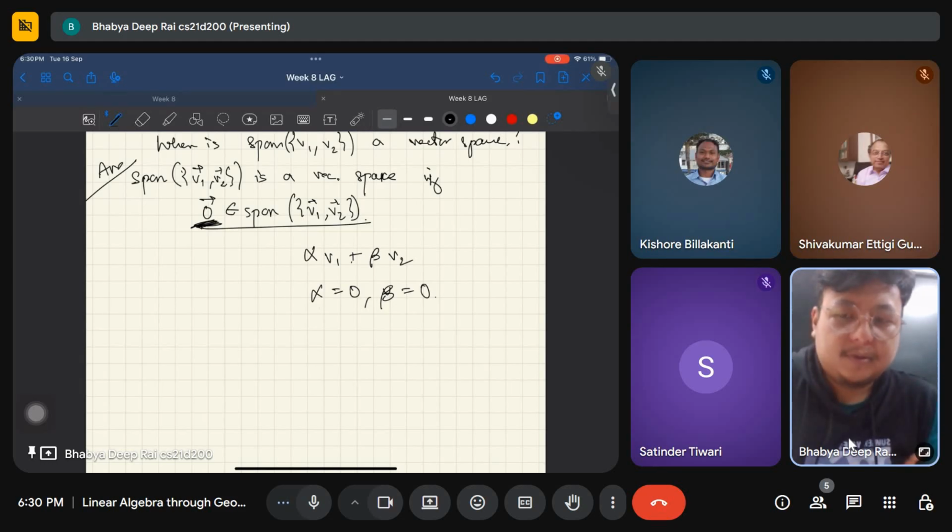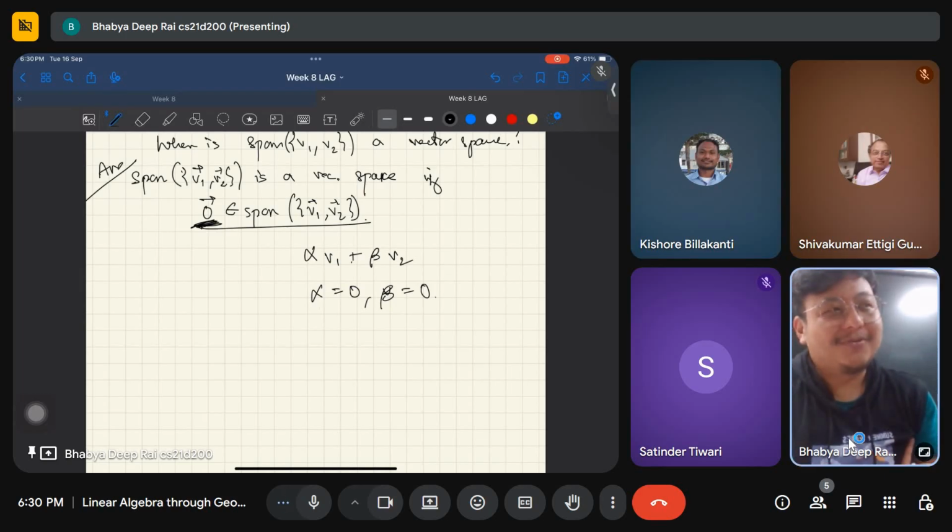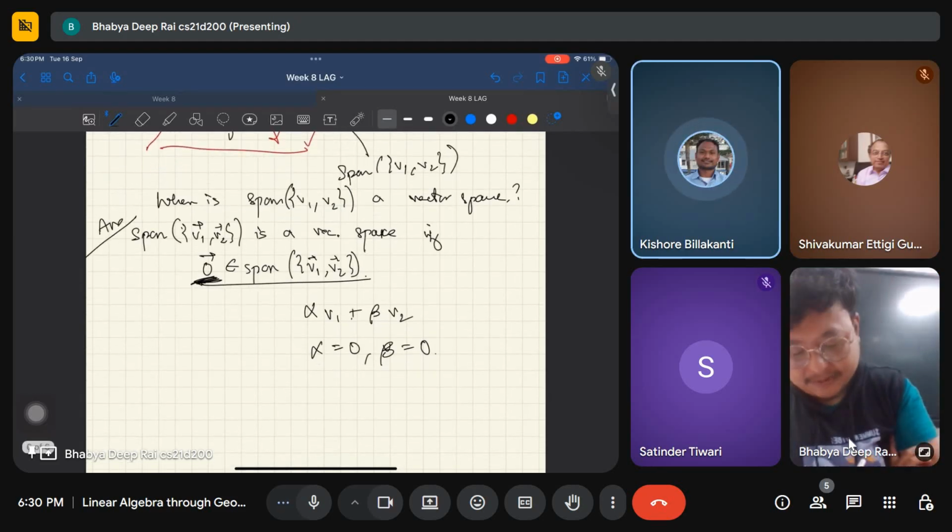So the span will always be one. Can we say the span is the tiny version of the vector space? No, you can't exactly say that. The span of a set of vectors forms a vector space. So I made a small mistake here.